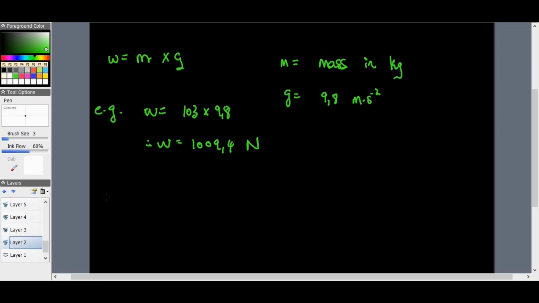Now your mass will remain the same, no matter which planet you're on.